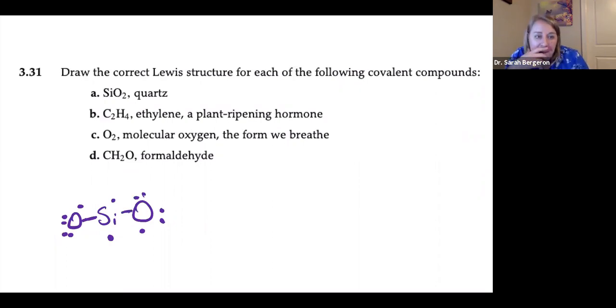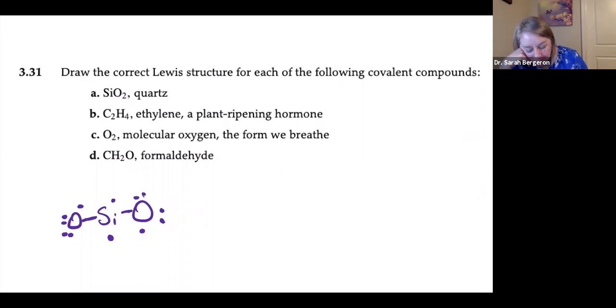Is everybody happy? And the answer is no, not everybody's happy. I have 2, 4, 6, 7 on my oxygen, and my silicon is 2, 4, 5, 6. So nobody's really happy. What we're going to have to do is move in some more electrons and make some double bonds.